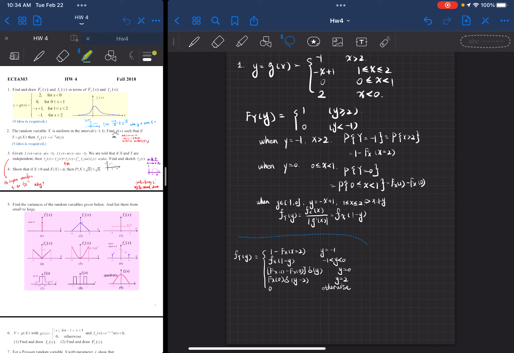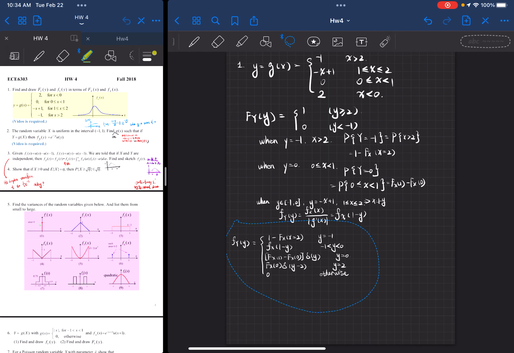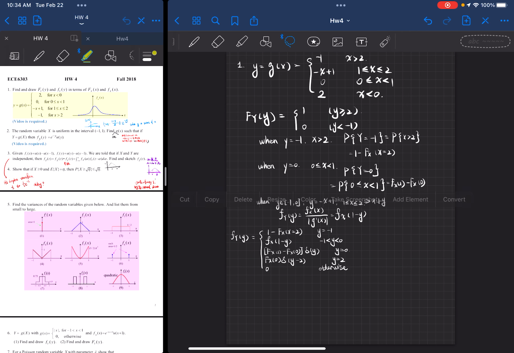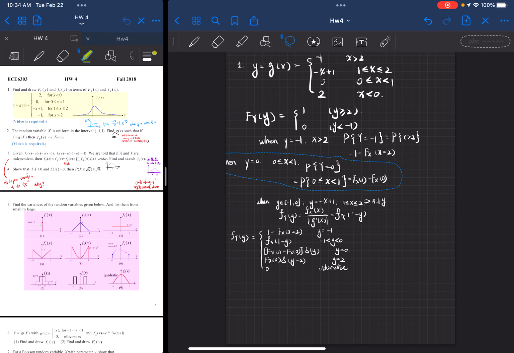And so based on this density function of y, we can directly calculate the distribution function of y. It is just the integral of the density function.